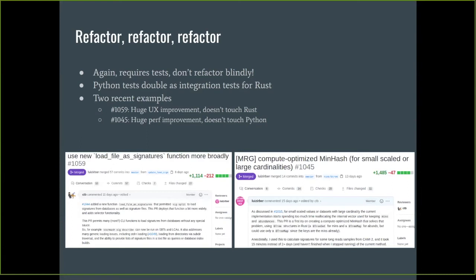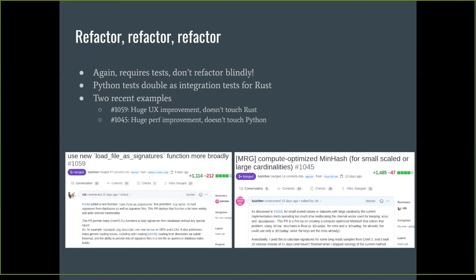So here are two recent examples. The one on the left, which is pull request 1059, is a huge user experience improvement, but it's all on the Python side, at the command line interface level, and it doesn't touch Rust code at all.